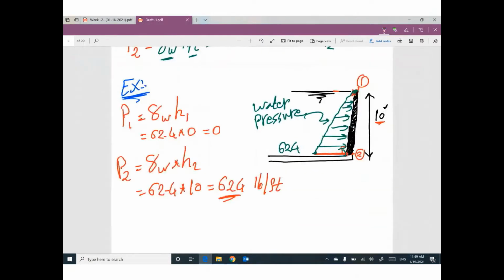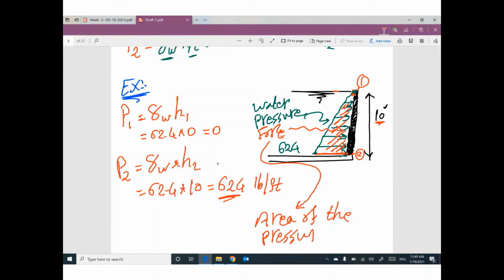This is called pressure. If you would like to convert it to a force, get the area of this triangle. So this force will be the area of the pressure shape.